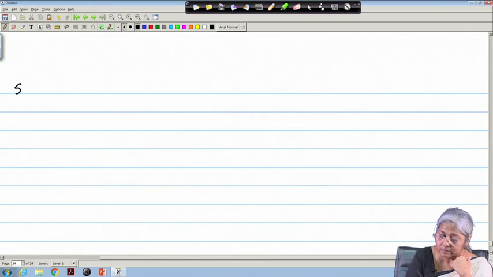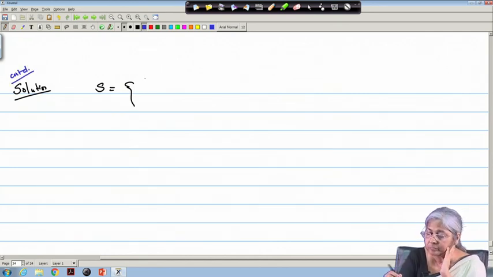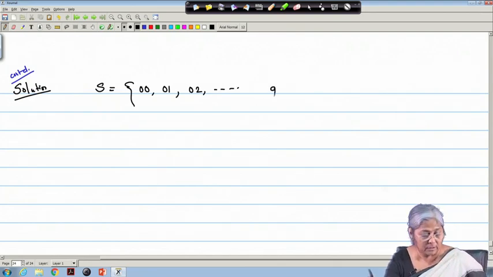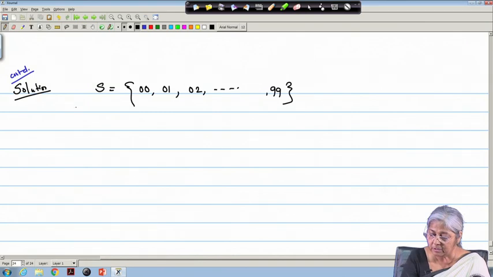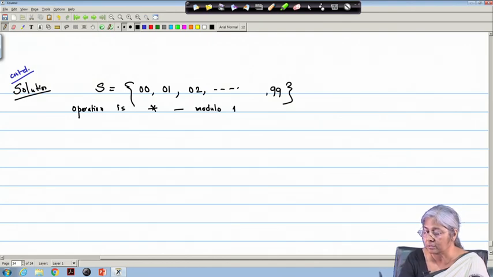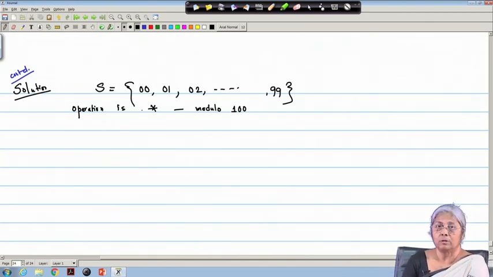Since my set S is 00, 01, 02, up to 99, all 2-digit numbers, and my operation is star, where we take the multiplication and then take the modulo 100.